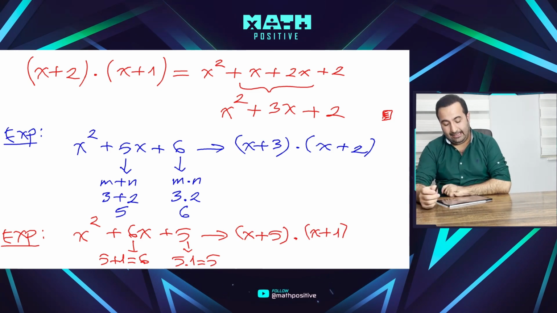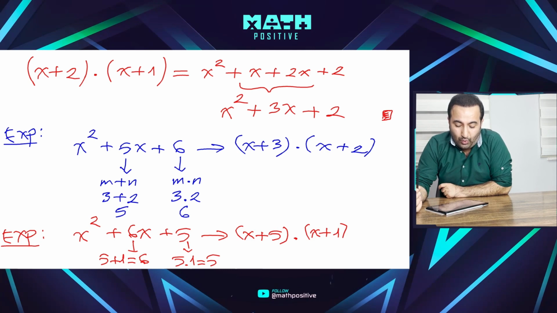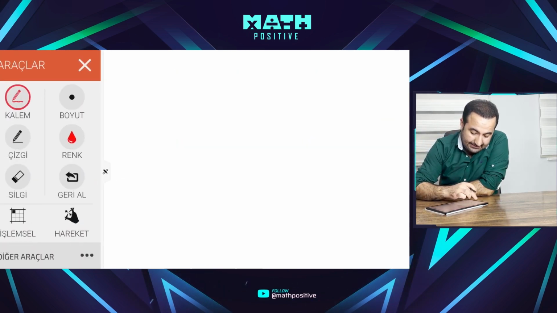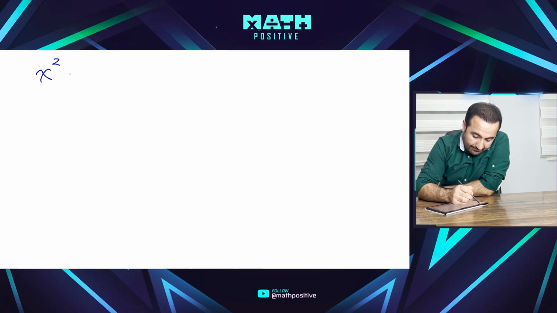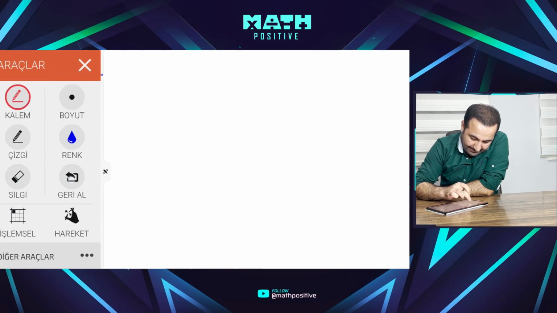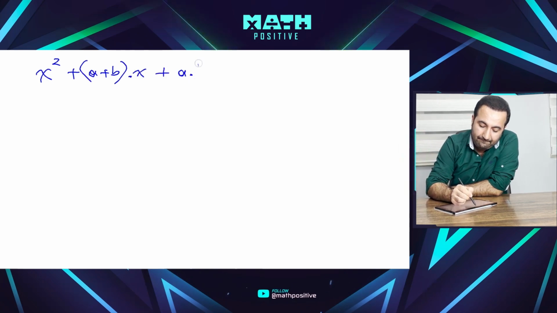As you see, this is not too difficult to factorize when a is equal to 1, when our leading coefficient equals 1. Maybe we see such expressions like x squared plus a plus b times x plus a times b.